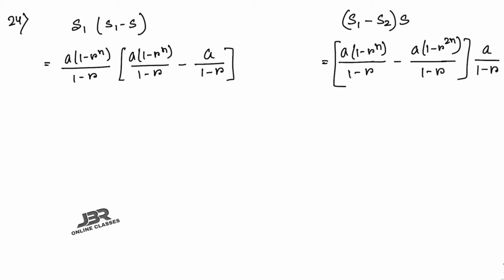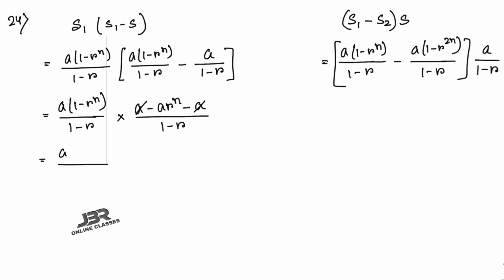You have to show that these two sides are equal. So here a into 1 minus r to the power n over 1 minus r, into, as the LCM is 1 minus r, a minus a r to the power n minus a. So it means a cancels out, so a into 1 minus r to the power n, then 1 minus r whole square, into minus a r to the power n.